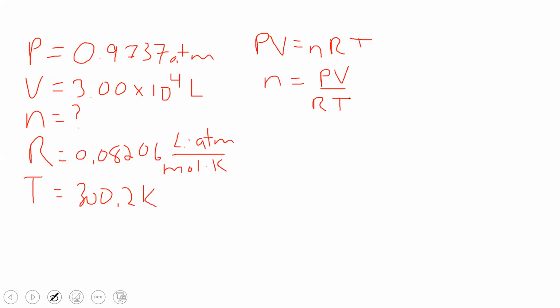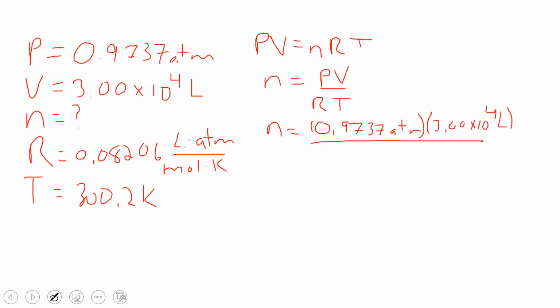So N is equal to 0.9737 atmospheres times 3.00 times 10 to the 4th liters divided by R, which is 0.08206 liters atmospheres per mole Kelvin times 300.2 Kelvin, right? And so you plug that into your calculator.